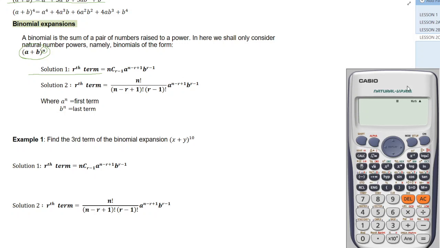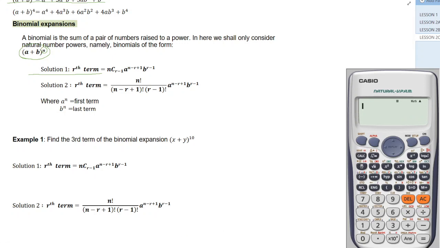So say for example, that is 9, you just have to press shift and then that is the factorial here, below the mode. So 9 factorial just means 9 times 8 times 7 times 6 times 5 times 4 and so on until times 1. Okay, so that is just your factorial.